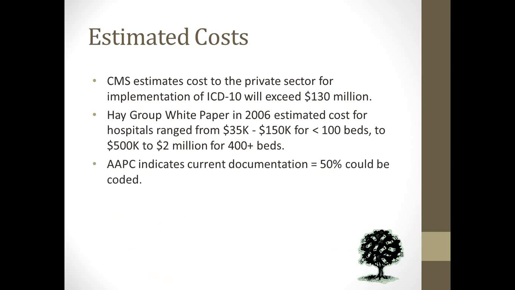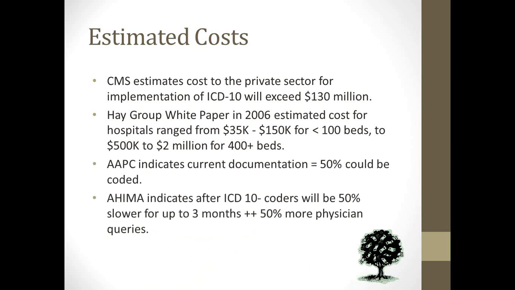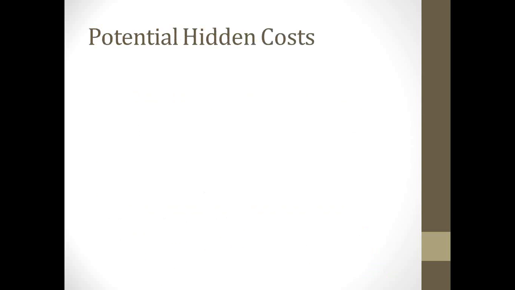The AAPC indicates the current documentation could be 50% coded, and the AHIMA indicates that after ICD-10, coders will be 50% slower for up to 3 months, and 50% more physician queries will take place. That's something I can definitely believe in.